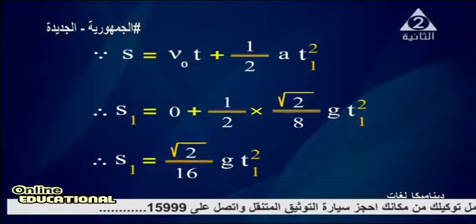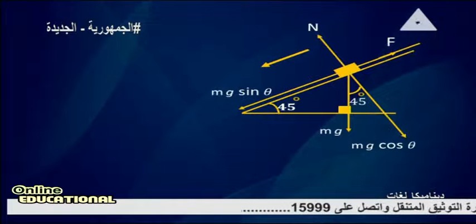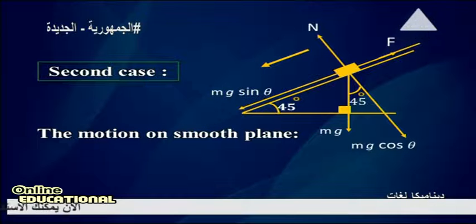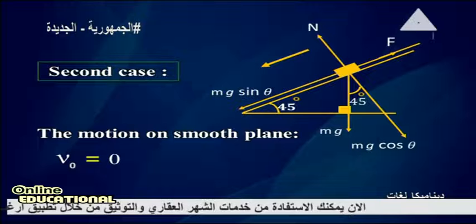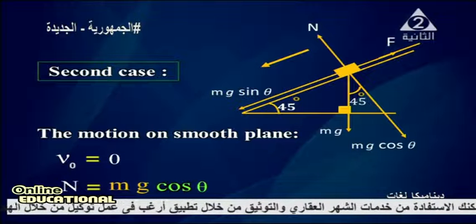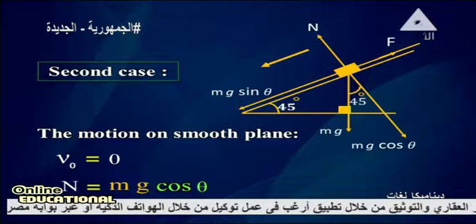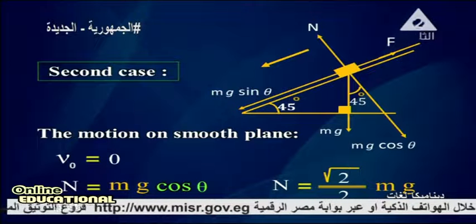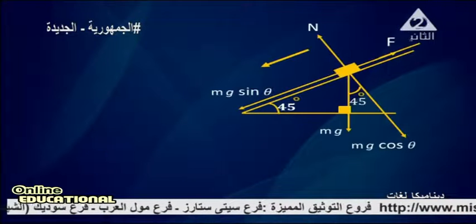The second case, the motion on smooth inclined plane, and the initial velocity V naught equals 0, and N equals mg cosine theta, which equals root 2 over 2 mg. What is the equation of motion of the body in this case?